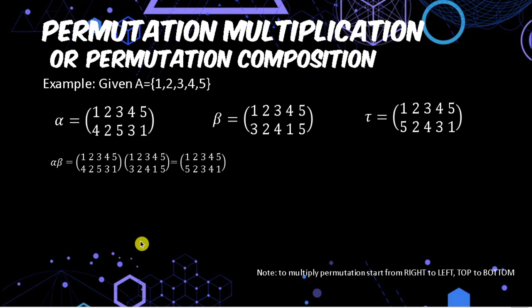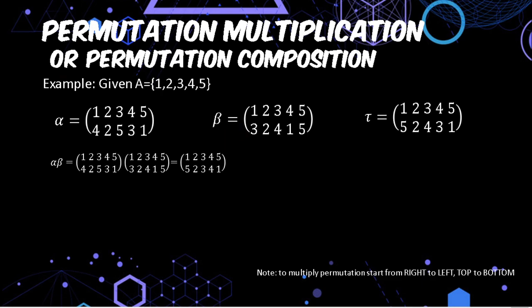So, how do we multiply permutations nga ba? For example, we take these 2 and then multiply, starting with alpha and then multiplied to beta. Now, we're going to start from the rightmost permutation, going to the left, and then from top to bottom. So, how did we arrive at this answer? We start from the first element of the rightmost permutation, and then we simply trace.